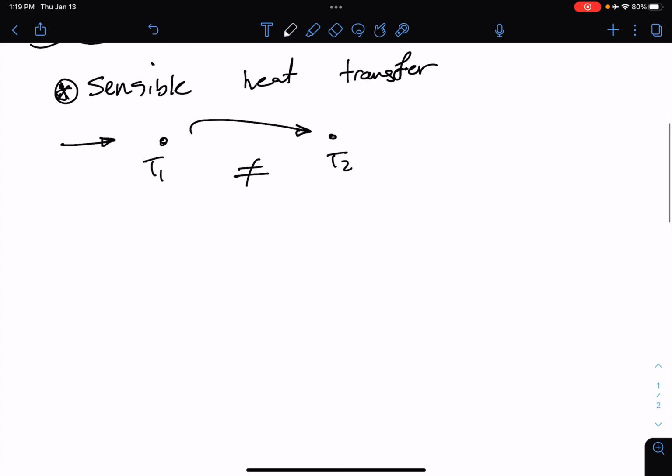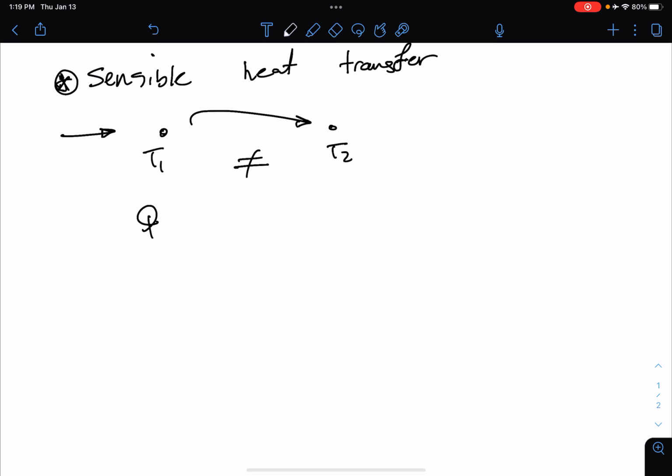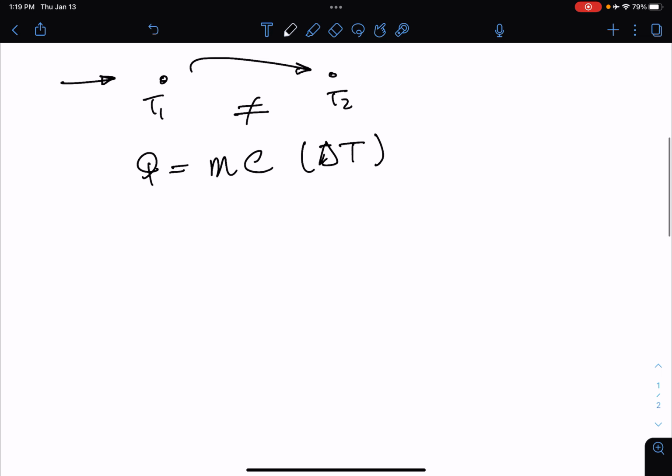We will have some transfer of energy, and the total energy transfer can be identified with this very famous formula: M, the mass of the total system, multiplied by C, multiplied by the temperature change.